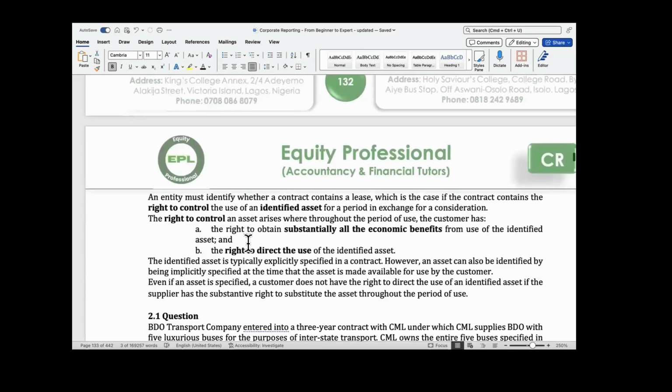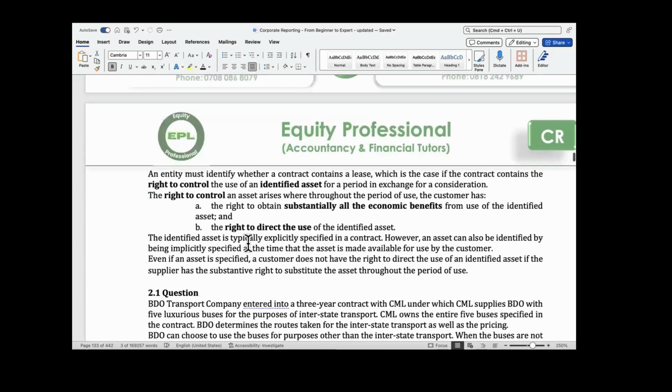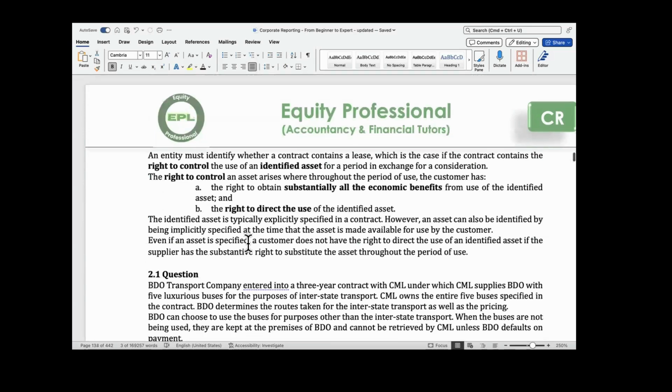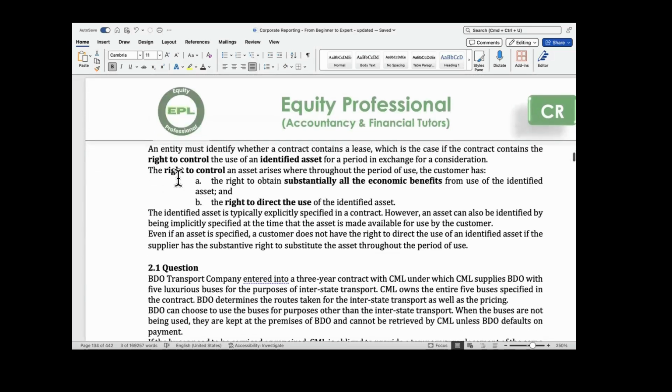And for you to identify a lease in a contract, there must be right of control, which means that the contract must contain the right to control an identified asset.